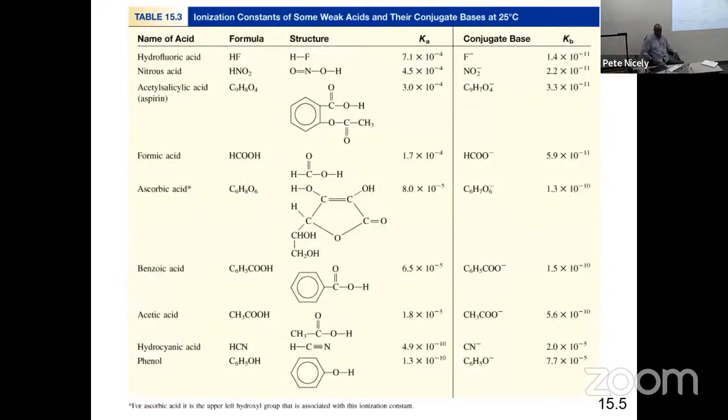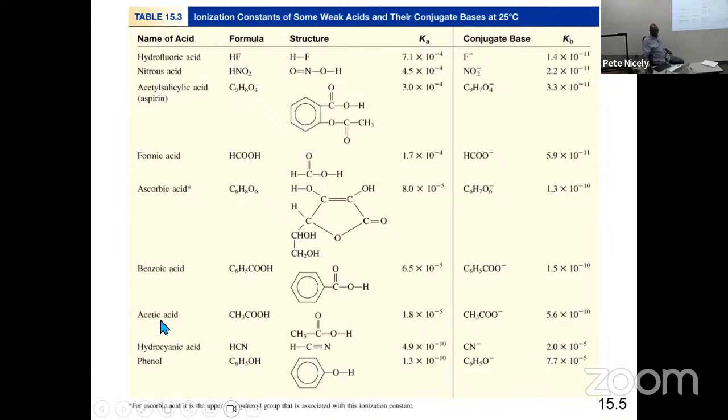Okay, so going back to this table right here. Remember, this table gives you a short list of weak acids and their Ka values. Now, if you look over here on the right side of the table, what you have are the conjugate bases of these weak acids. Remember, the conjugate base is what is formed when the acid loses a proton.